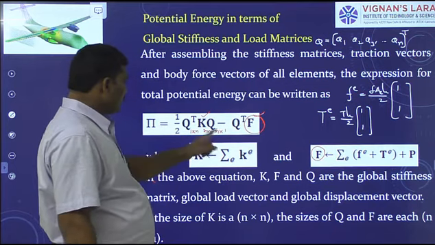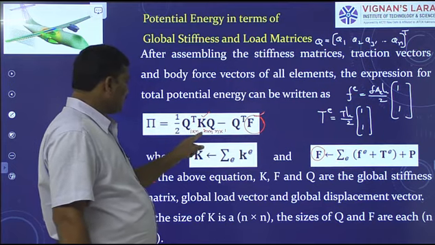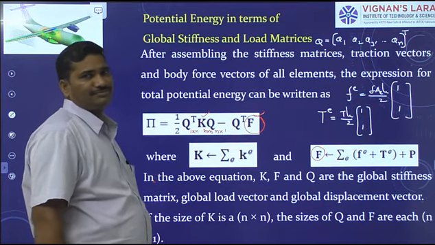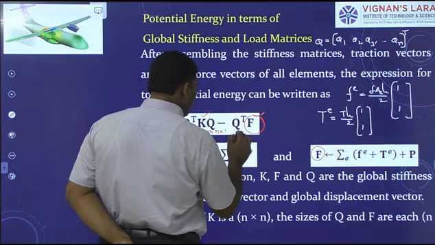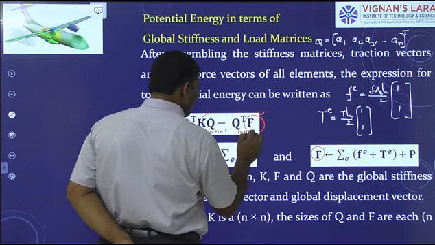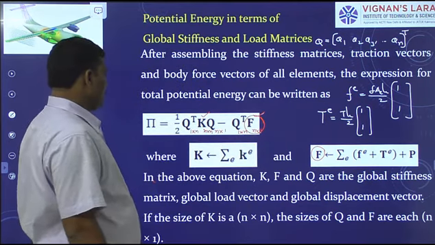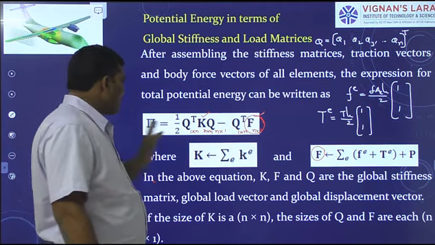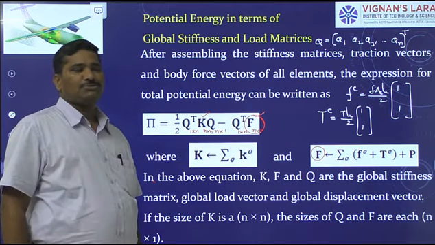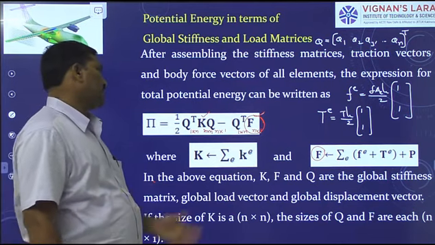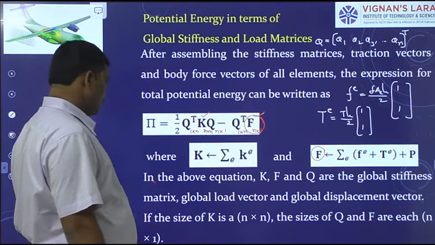Now observe carefully, the product of these three matrices is possible: 1 by n, n by n, n by 1. And what is the size of Q transpose here? 1 by n. And what is the size of F here? n by 1. Understand? This is how we can represent the total potential energy in terms of the global displacements, global stiffness matrix, and global load vector.